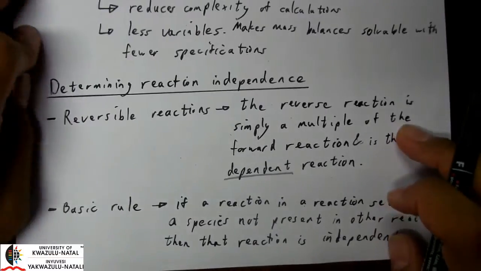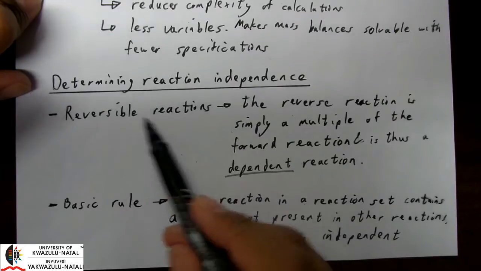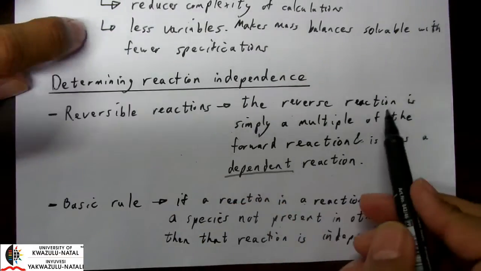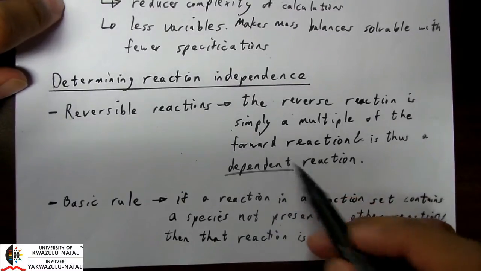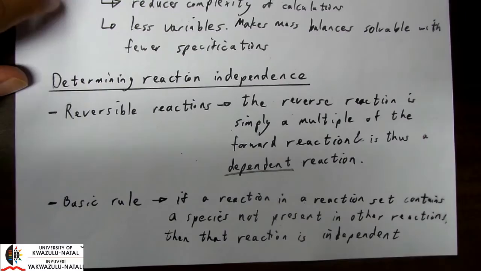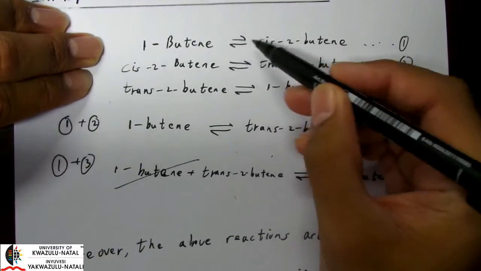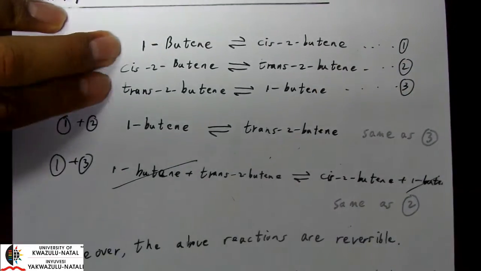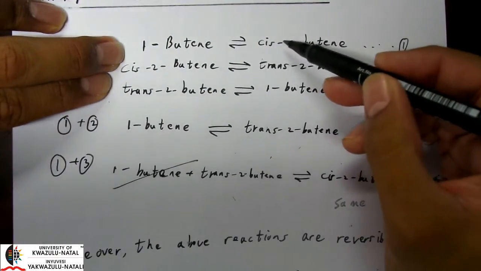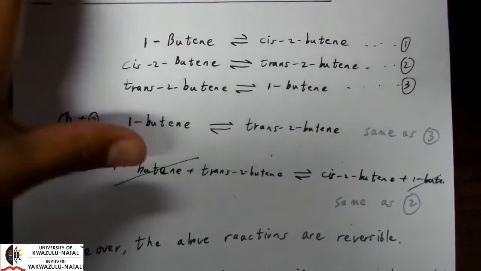And what we've discussed previously is that in the case of reversible reactions, a reverse reaction is simply a multiple of the forward reaction. So that is a dependent reaction, it's not independent. So if we look at our reaction set here, even though our reactions are reversible, in other words, we have theoretically 6 reactions occurring, our reverse reactions are simply multiples of our forward reactions. So we don't count our reverse reactions at all.